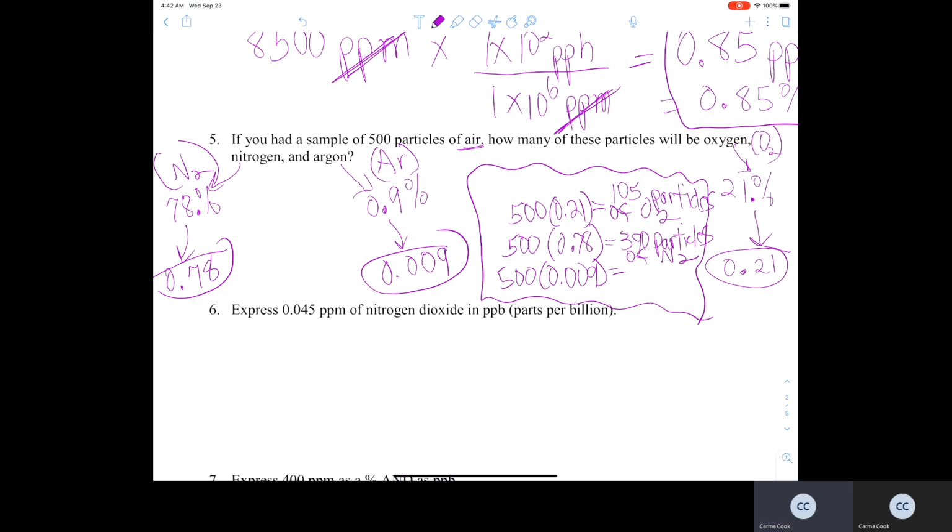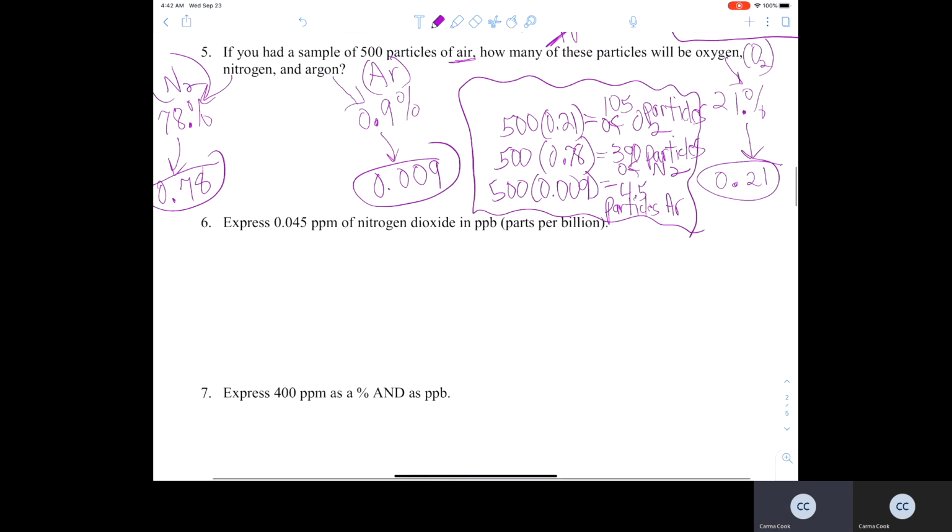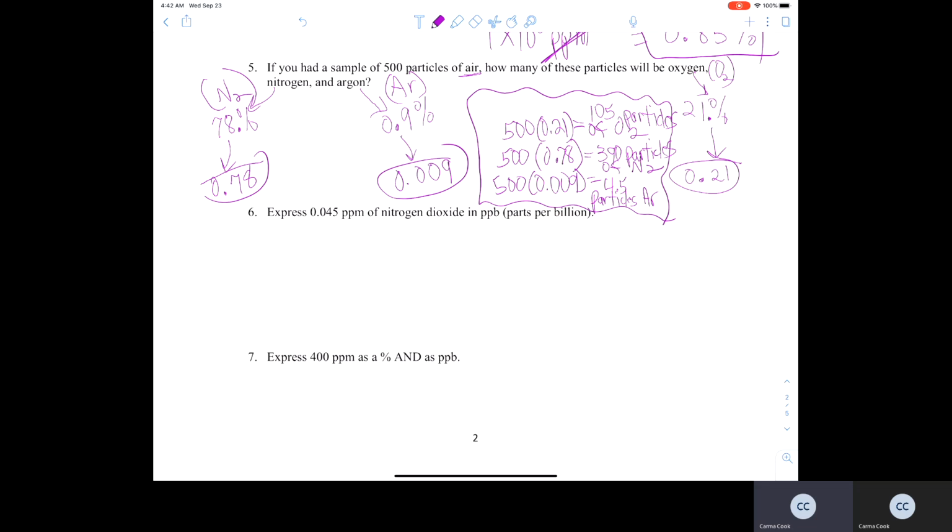And then finally 500 times 0.009 gives you 4.5 particles of argon. So of the 500 particles, 105 of them are oxygen, 390 of the 500 are nitrogen particles, and 4.5 out of the 500 particles are argon.